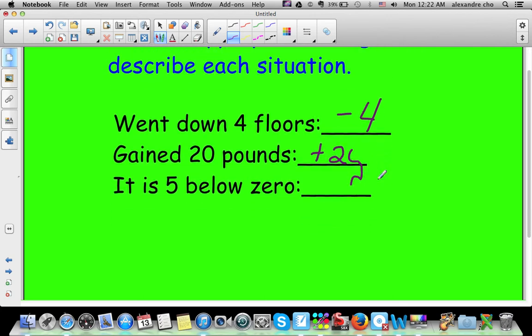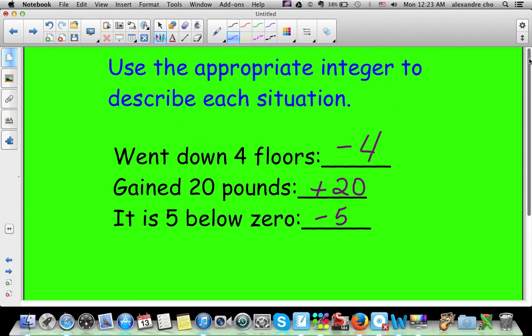It's moving. Okay, let me erase this. Don't you just love it when it just moves around? All right, so this is +20. And then finally, it is 5 below 0. So if it's 5 below 0, hopefully you wrote -5. Okay, so those are examples again of a few situations where we do use integers.